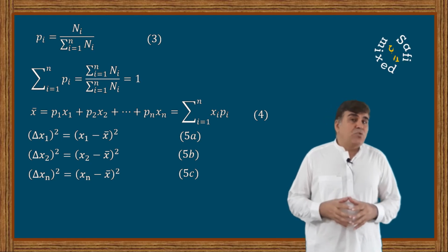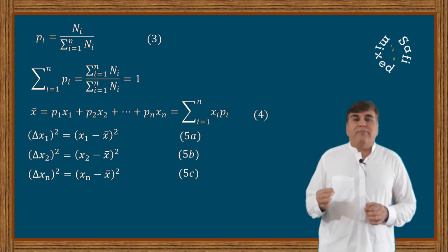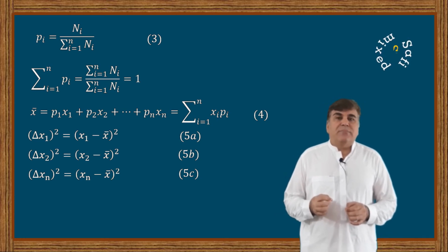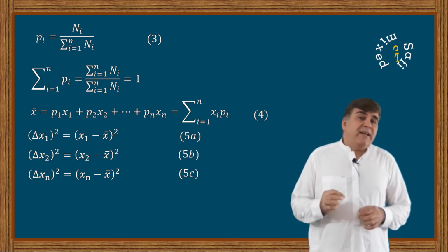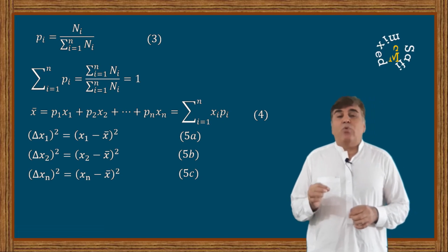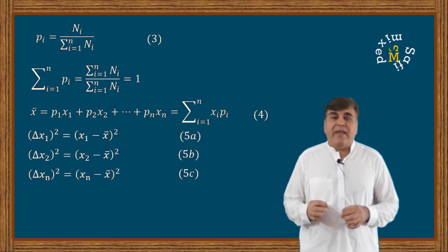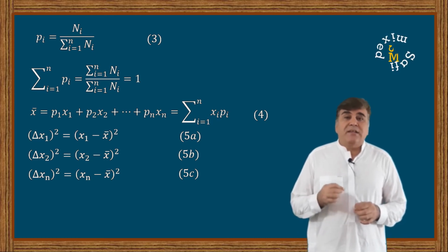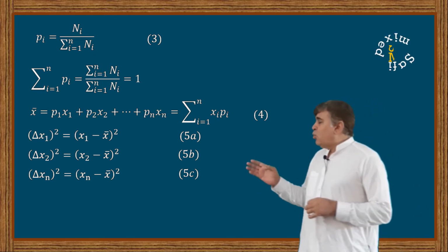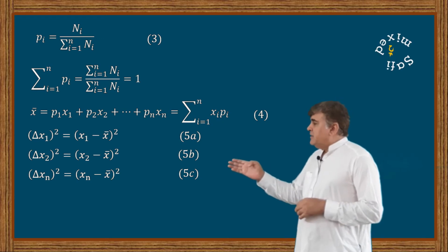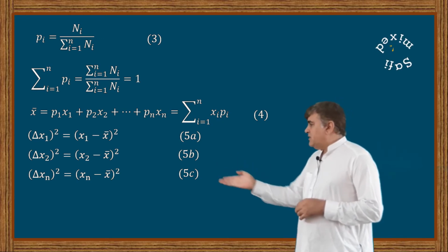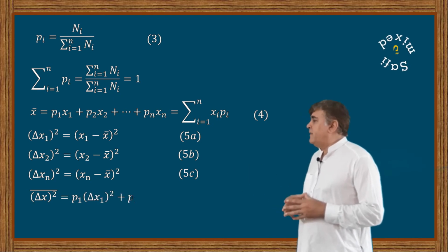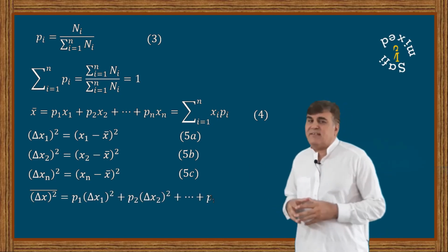Since each of these quantities is squared, each of them gives a positive real number. Finally, we find the weighted average of the quantities in equation 5 according to the probability distribution pi, that is, we find the weighted average of the difference through this one equation where each difference is multiplied with its corresponding probability.